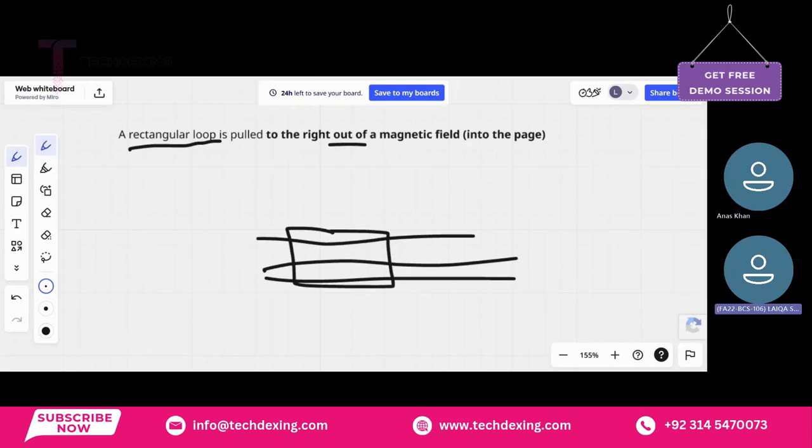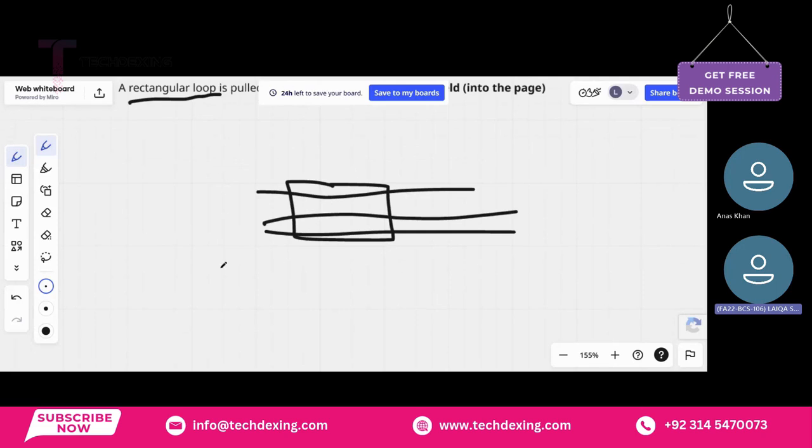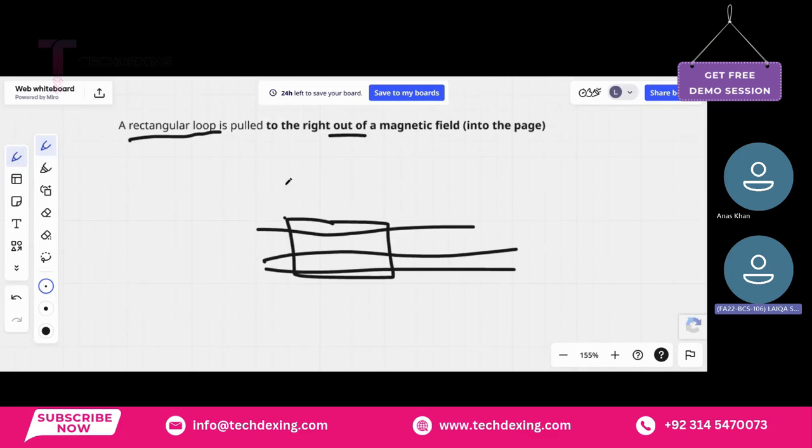Increase? How? If I have this rectangular loop placed inside this magnetic field, and after some time I start taking it away, it is being pulled towards the right out of the magnetic field. For example, the direction of the magnetic field is from right towards the left, and I start taking this rectangular loop towards the right, out of the magnetic field, pulling it away from the field.